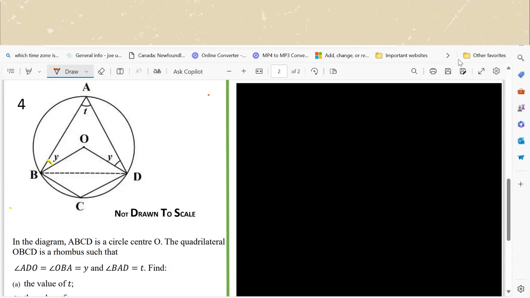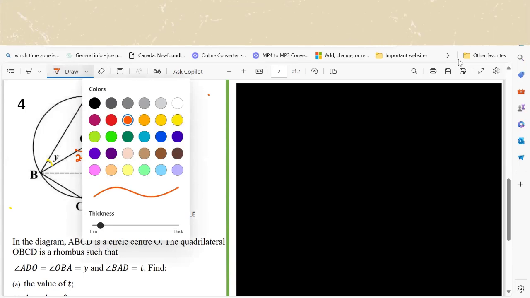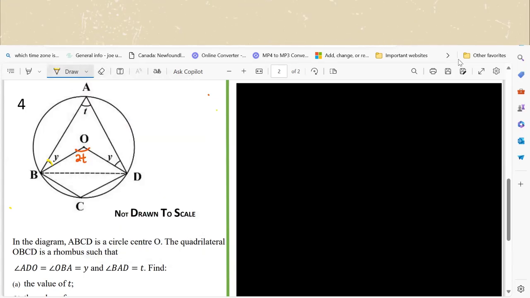Now, we will say here, look at this angle at center. We use the theorem that says angle at center is twice angle at circumference. So we'll write here that angle BOD is 2 times angle BAD.